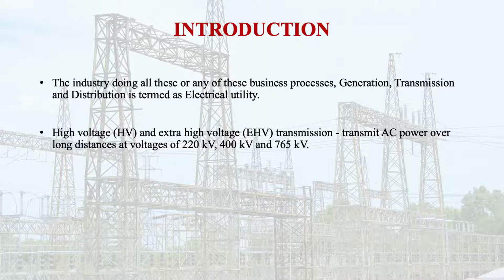So high voltage and extra high voltage transmission is the next stage from the power plant to transmit AC power over long distances at voltages of 220 kV, 400 kV and 765 kV. That means after the generating station, the power is transmitted at these very high voltages.